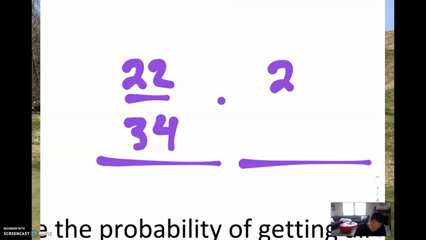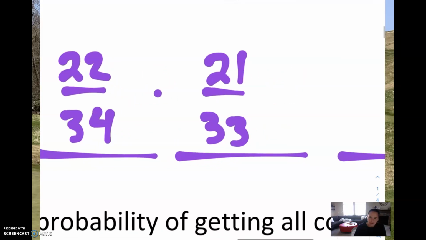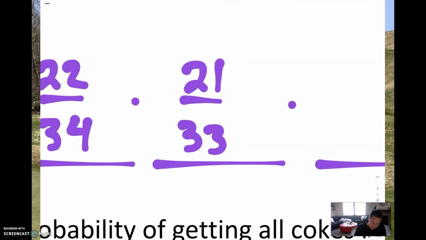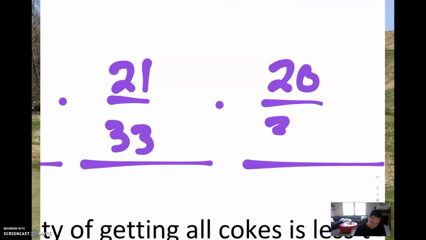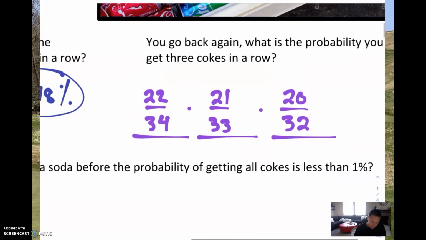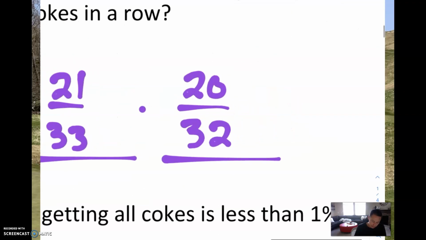There's only 21 Cokes out of a total of 33 sodas. So I picked 2 Cokes now. Now I go back one more time. How many Cokes are left? There's 20 left. Out of how many total cans of soda are left? 32. So we're going to multiply 22 over 34 times 21 over 33 times 20 over 32.